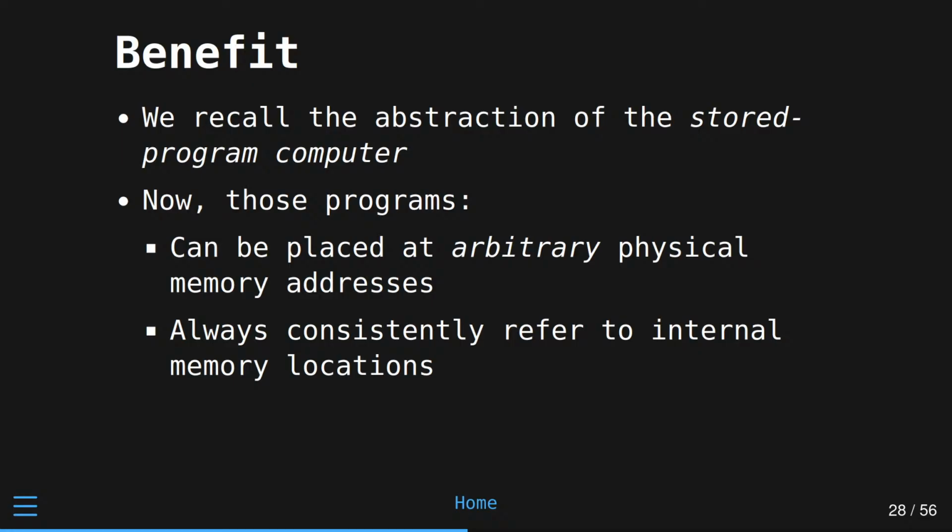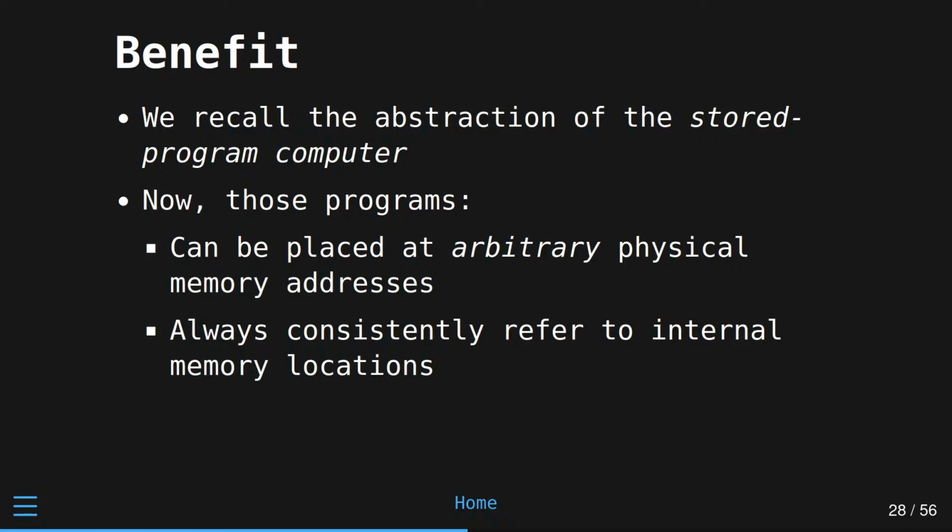One of the benefits of virtual memory is that you can take a stored memory program, it can internally refer to memory locations, and if you execute it within the context of some virtual memory, all of those memory locations can be literal from the perspective of the program and perhaps more importantly of the compiler.